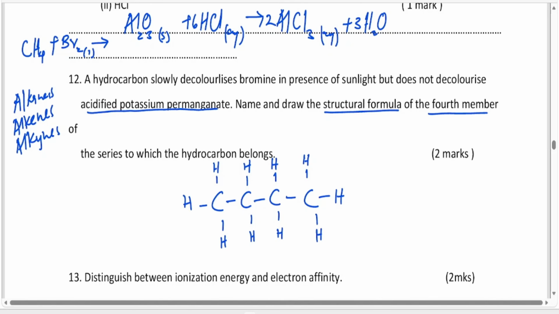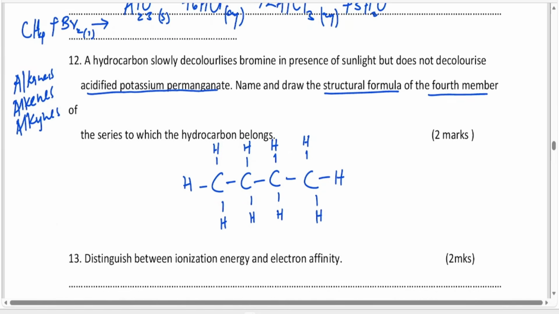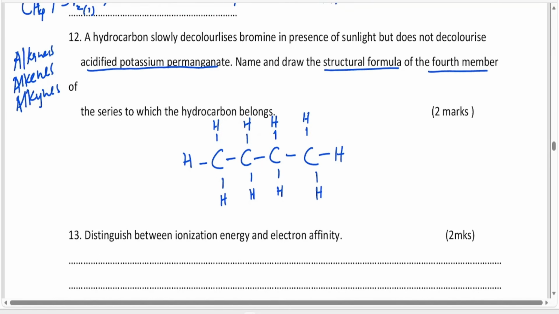And that is the structural formula. So because we're being told name and show the structure, in this case it is butane. Giving a name 1 mark and drawing it another 1 mark, and that totals to 2 marks.